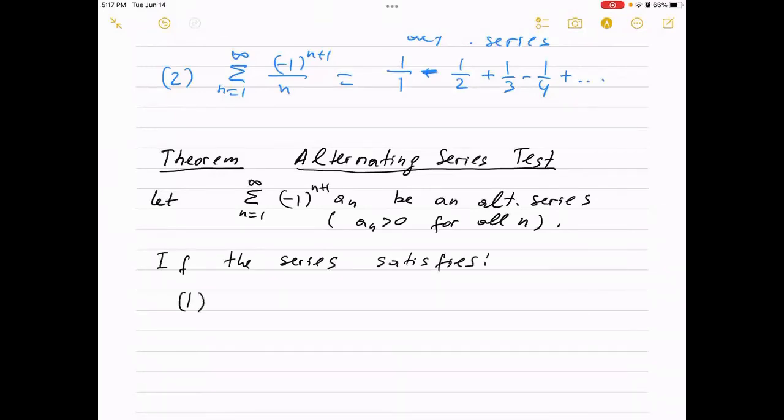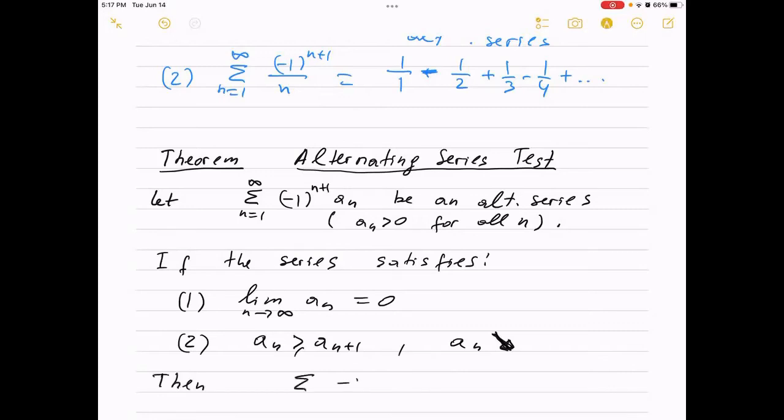The first condition says that the limit of a_n when n is approaching infinity equals 0. The second condition says that a_n is bigger or equal to a_(n+1). In other words, a_n is a decreasing sequence. If these two conditions are met, then the conclusion is that our original alternating series is convergent.